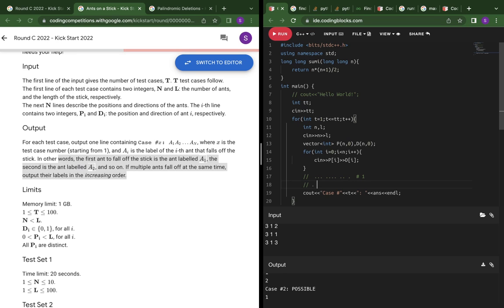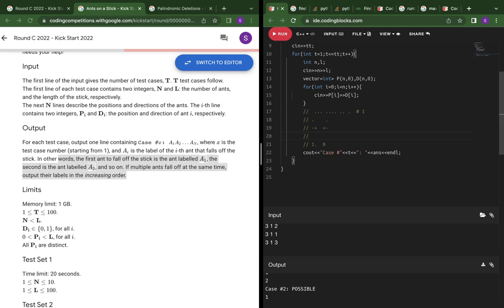Second observation, let's take two ants. If the direction of the first ant is towards the right and the direction of the right ant is towards the left, that means this has a direction of 1 and this has a direction of 0, and i is less than j, right?